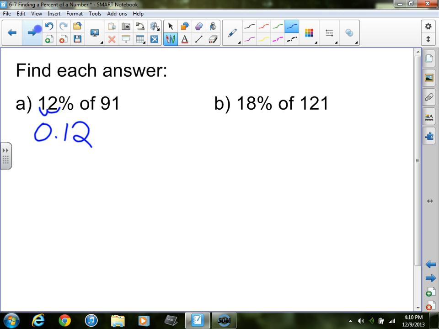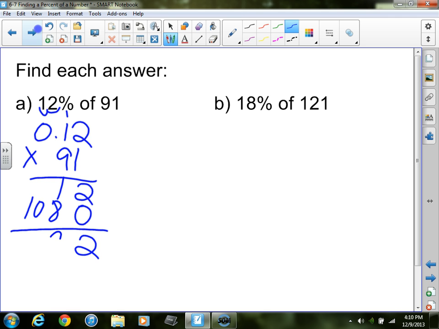So I have 0 and 12 hundredths times 91. 1 times 2 is 2, 1 times 1 is 1. 0 is a placeholder, 9 times 2 is 18, 9 times 1 plus 1 is 10. 2 numbers behind the decimal, 2 numbers behind the decimal in the answer, so my answer, 12% of 91 is 10 and 92 hundredths.